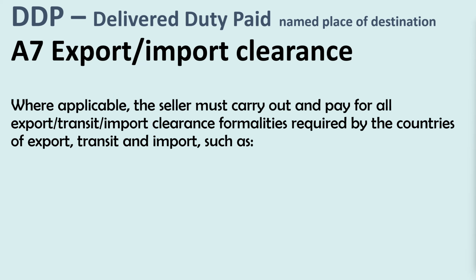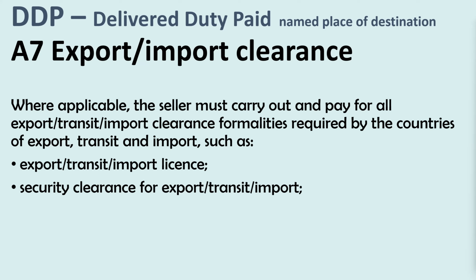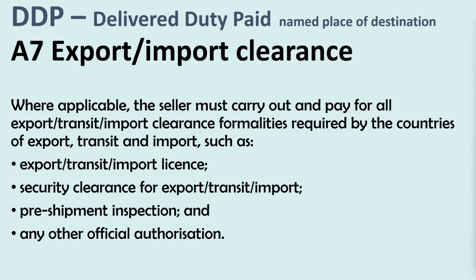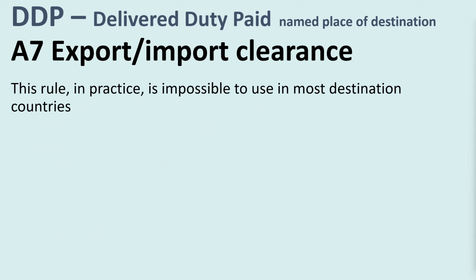Where applicable, the seller must carry out and pay for all export, transit, import clearance formalities required by the countries of export, transit and import, such as export, transit, import licence, security clearance for export, transit, import, pre-shipment inspection and any other official authorisation. This rule in practice is impossible to use in most destination countries.